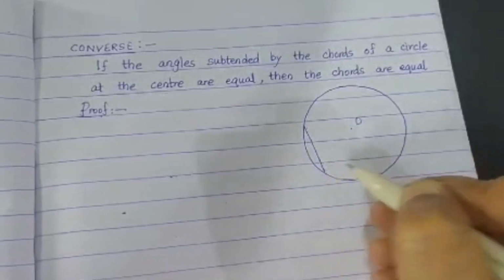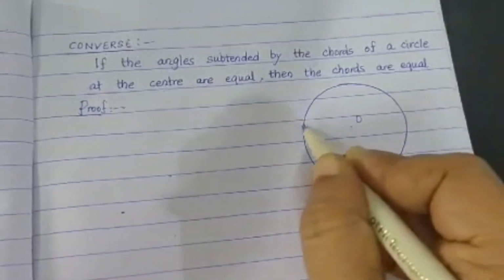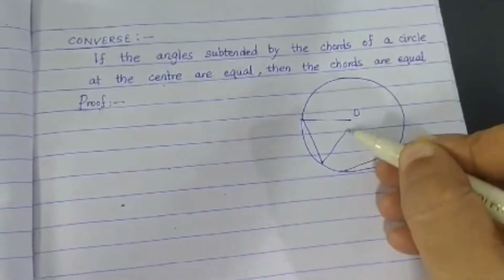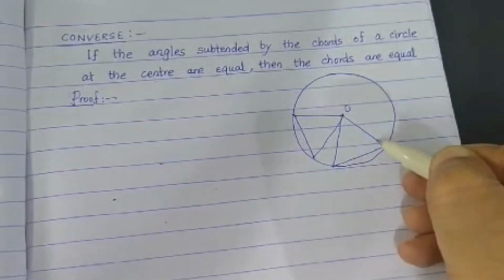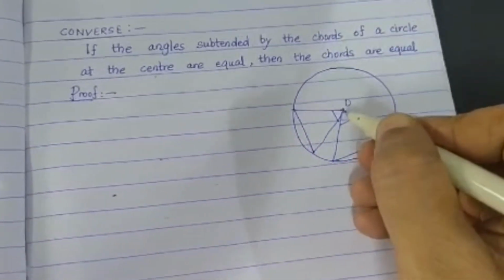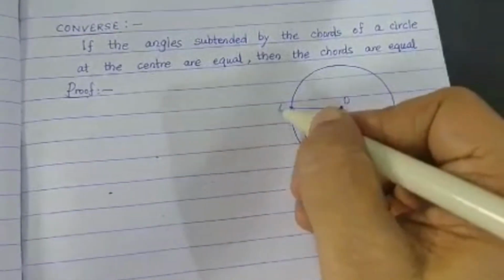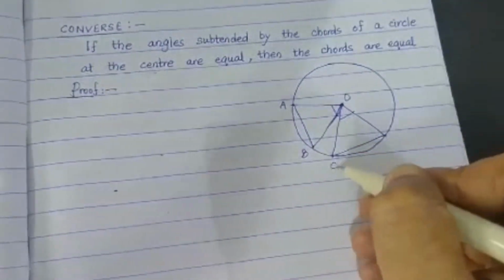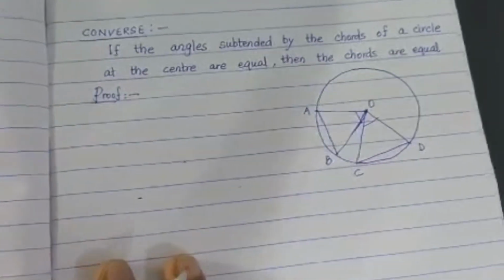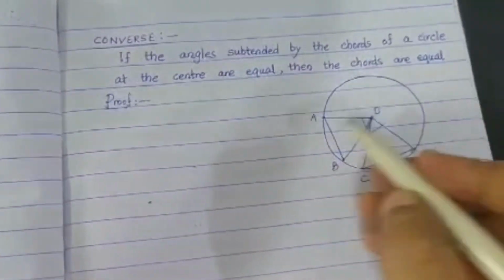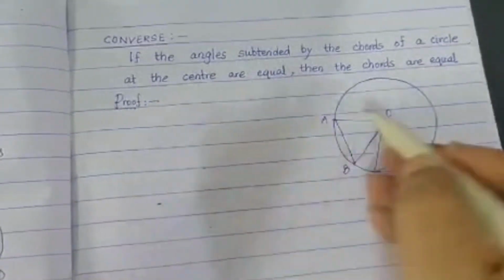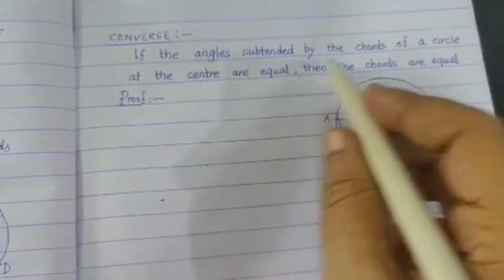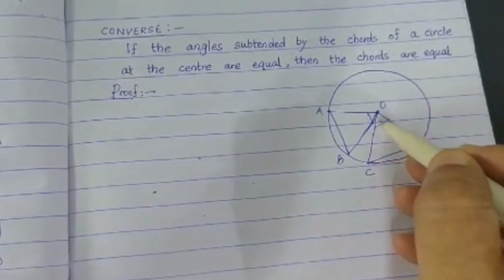These are the two chords. Let us join this. These are the angles subtended at the center. This is AB and this is CD. We have to prove that these chords are equal, and given is these angles are equal.